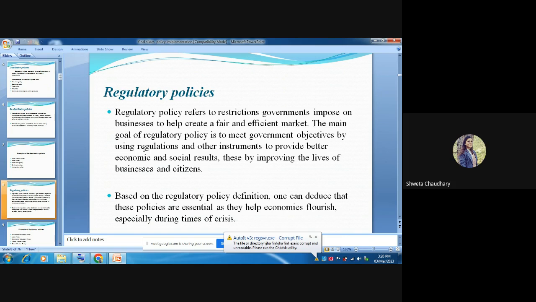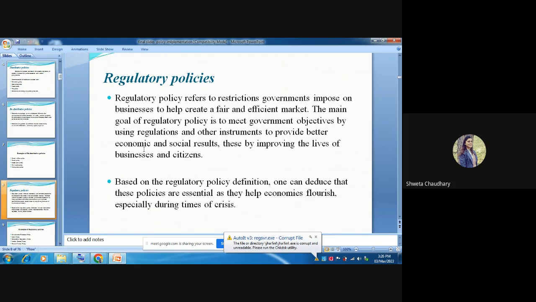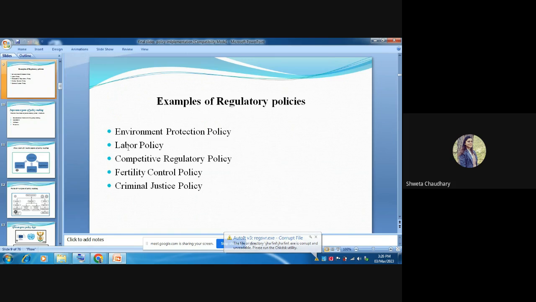If you have to increase the investment in your economy, then you have to lower the interest rate taken by the banks for providing loans. If you have to contract investment in the economy, meaning you don't want much investment, then you will raise the interest rate on loans for further investments. So in this way, there are certain regulatory policies that control the economy.